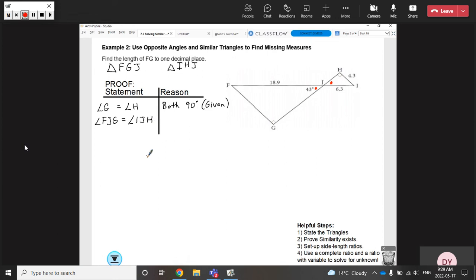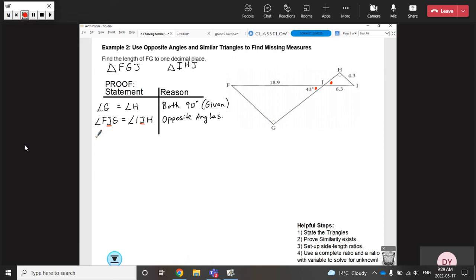But really, you could have written angle J equals angle J, and I would have said, yeah, I know exactly what you mean by that. And we can just say for here, the reason is that they're opposite angles. Now, I don't want you to write X pattern, Z pattern, or F pattern. I want you to write opposite angles, alternate angles, corresponding angles.